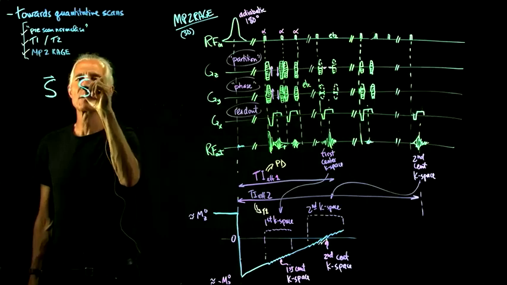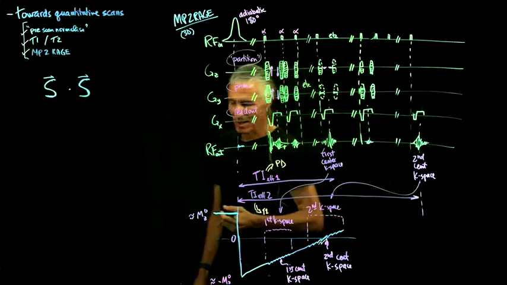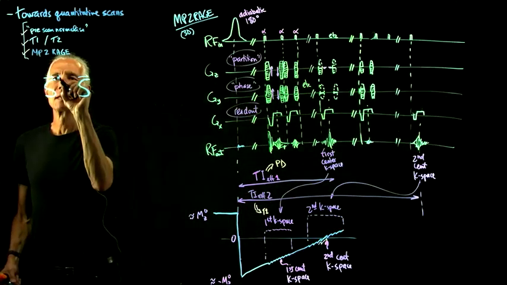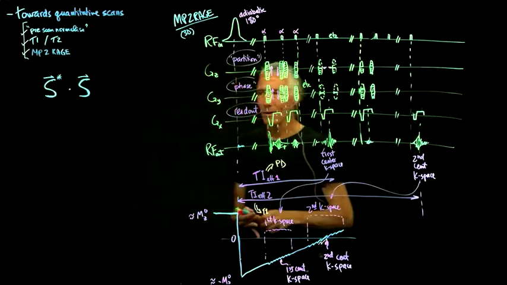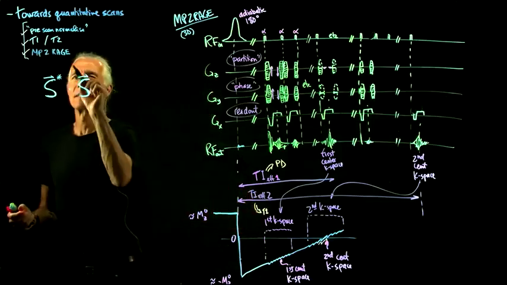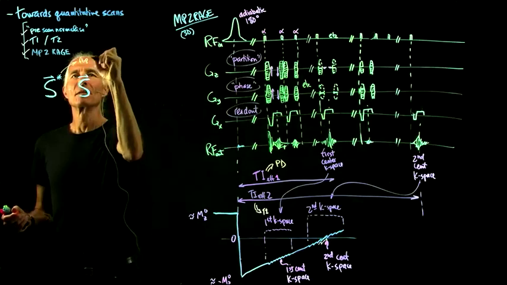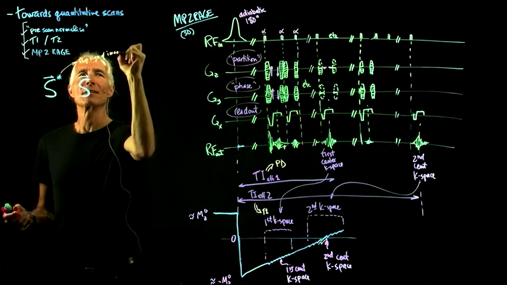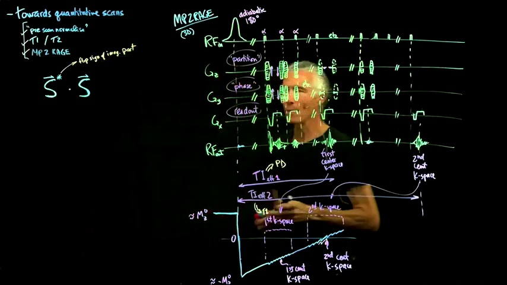And if you just want to square the amplitude of a complex number, what we usually do is take that number and multiply it by its complex conjugate, which means flip the sign of the imaginary part.